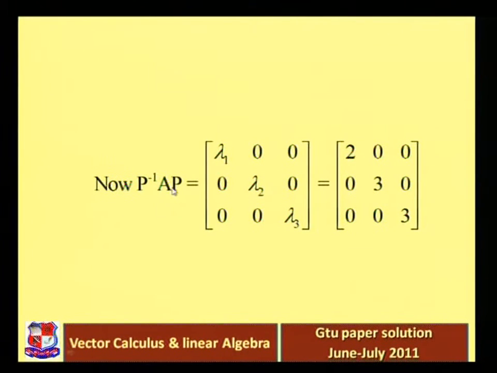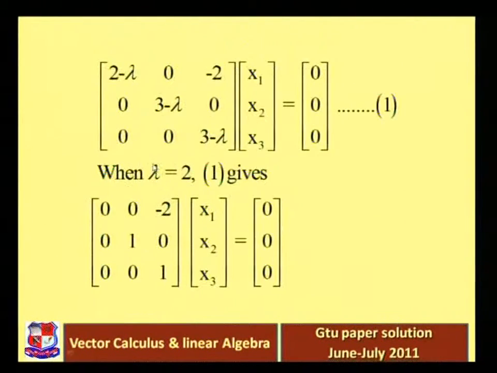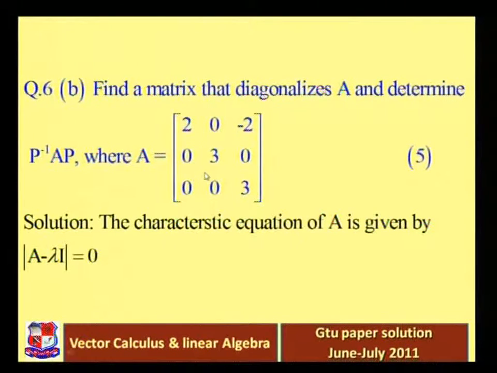If you want to check whether this P inverse AP is correct or not, right? At your home you already have P, this is our P, right? A is already given in the statement of the example, right? You can also find the inverse of any matrix. You should know how to find the inverse of any 3 cross 3 matrix.